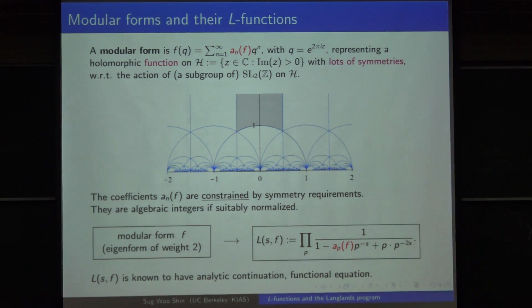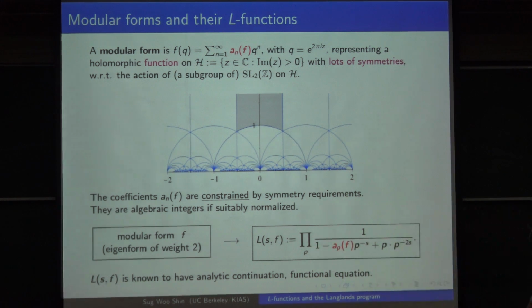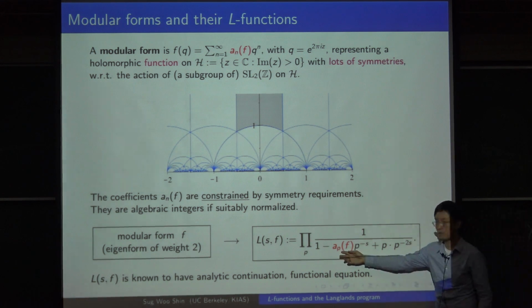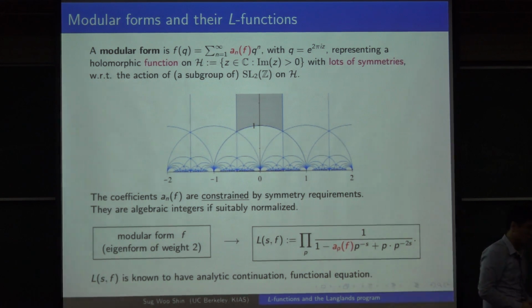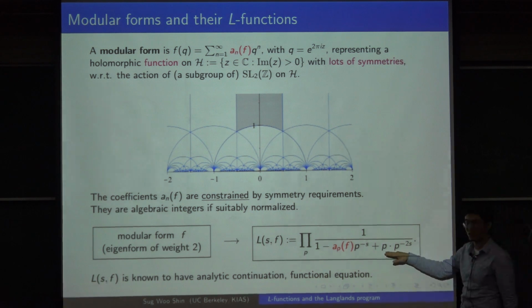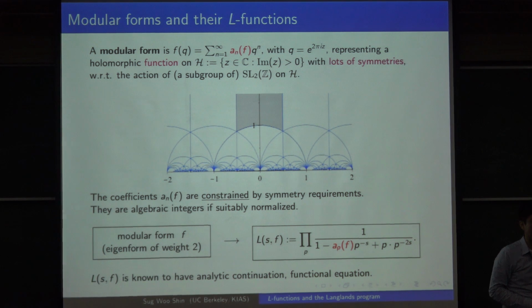Well, there's a different way to do this, I mean, taking a Mellin transform, but let's say this is the definition for us. And the definition is that for each prime p, a_p of f appears as a coefficient of p to the negative s, that's the degree 1 term, and then there's a similar degree 2 term here, quadratic term, in the variable p to the negative s.